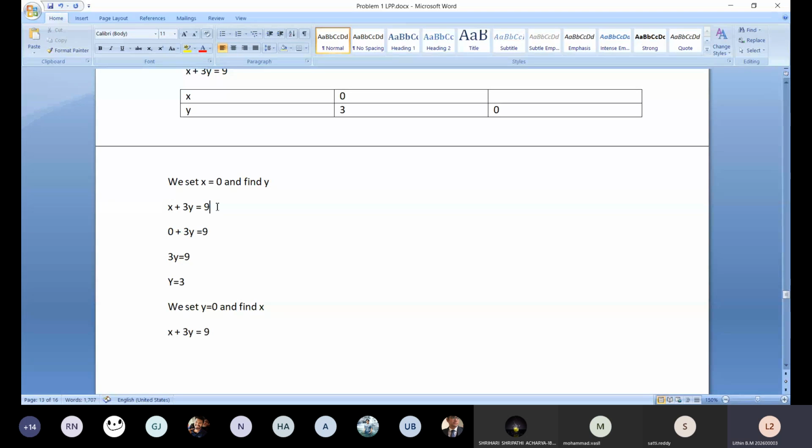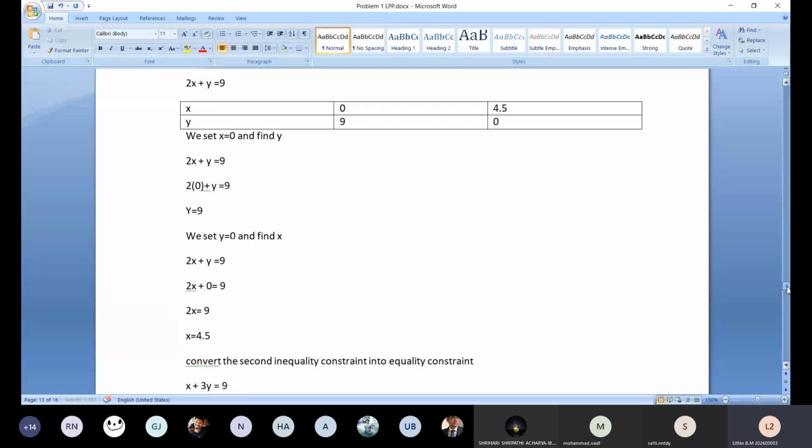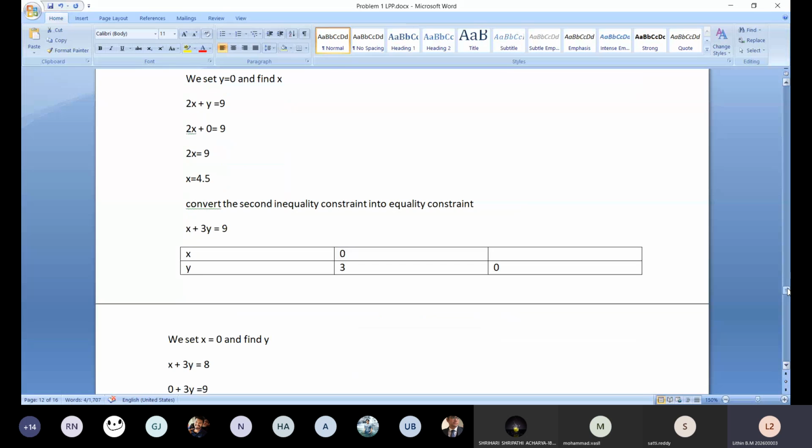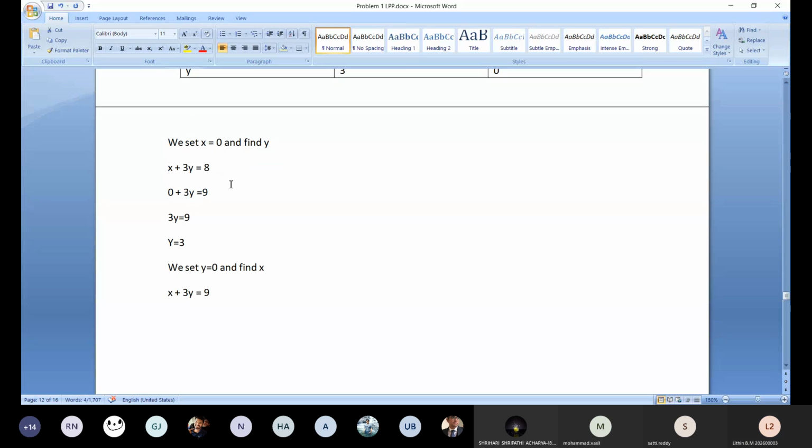Actually this should have been 8, right? See the second one: this is not 9. This x plus 3y is less than or equal to 8. I'm so sorry, this will be 8 here.